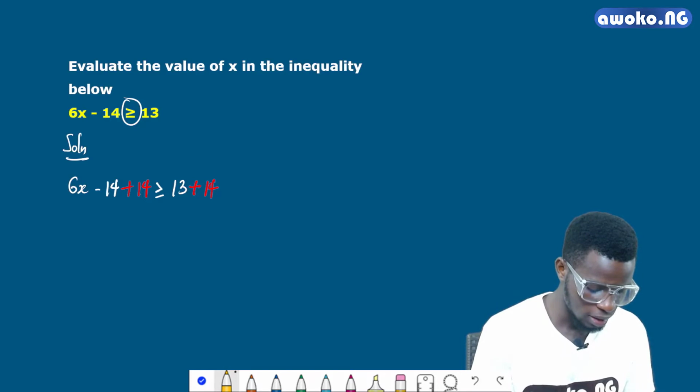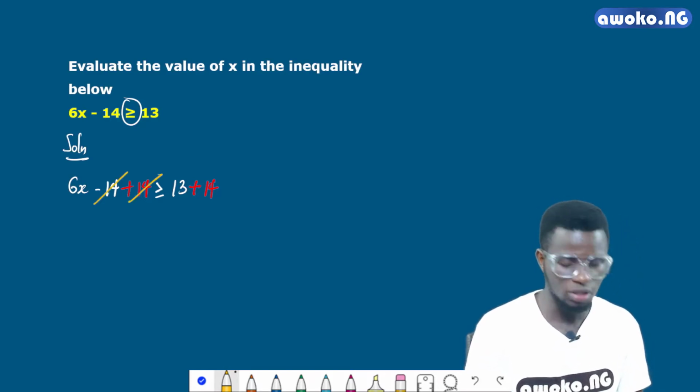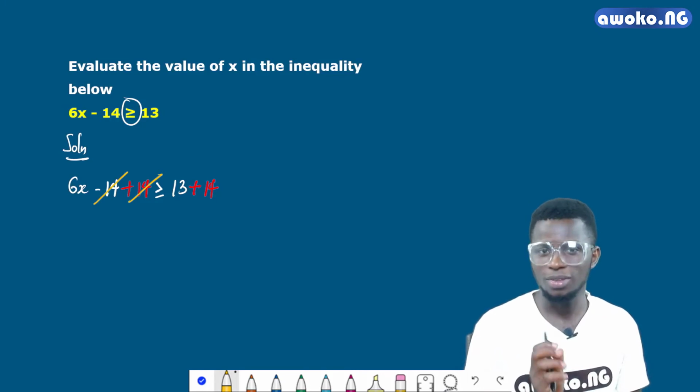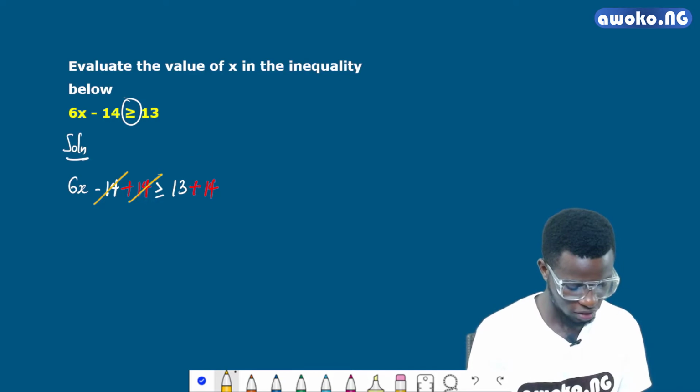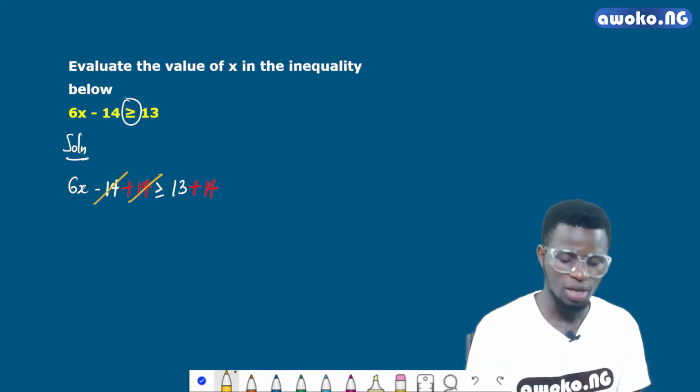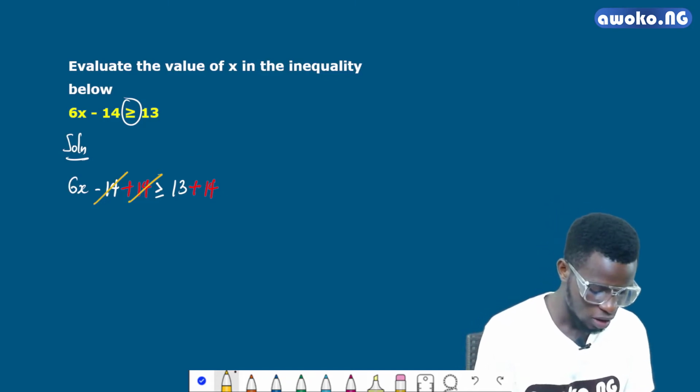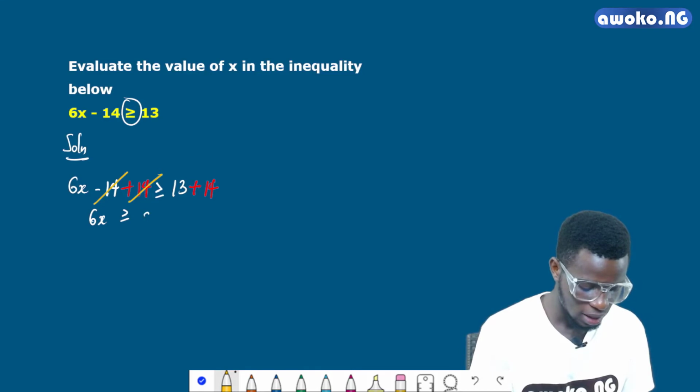Since I have these, this can cancel out, because minus 14 plus 14 is going to give us 0. So our first aim has been achieved, which is to make sure that minus 14 leaves the left hand side. The next thing is to look for a way to make sure x is standing alone.